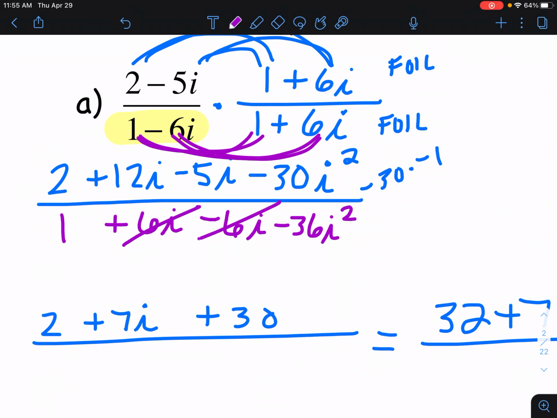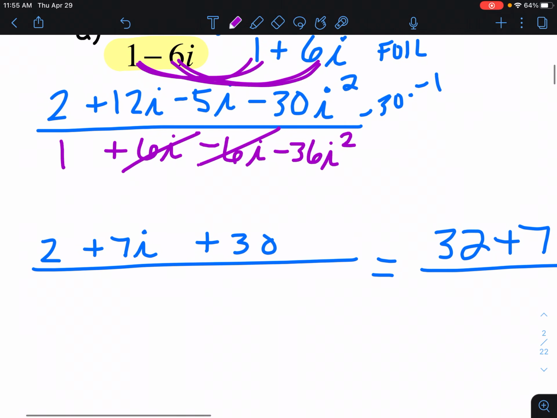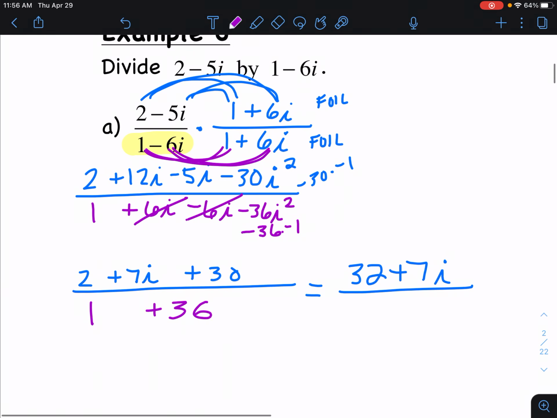These two add up to 0, so get rid of them. Bring down the 1. Minus 36 times negative 1 is 36. So put plus 36. And then 1 plus 36 is 37.